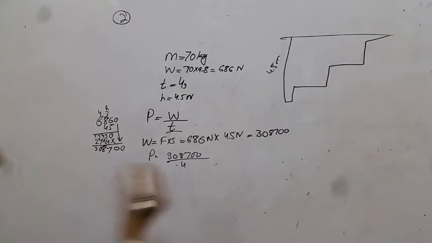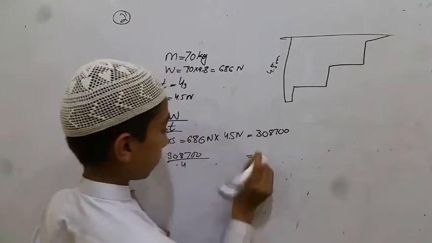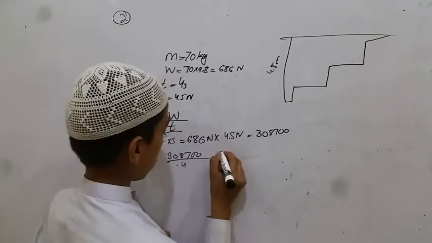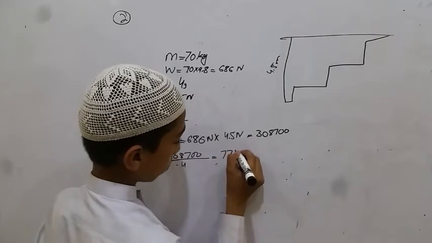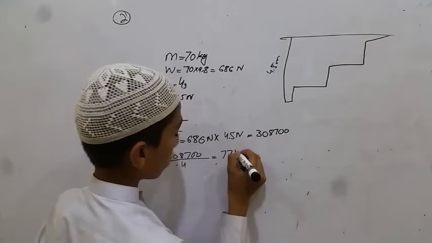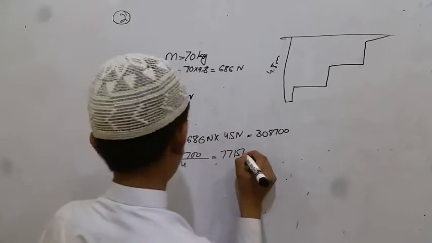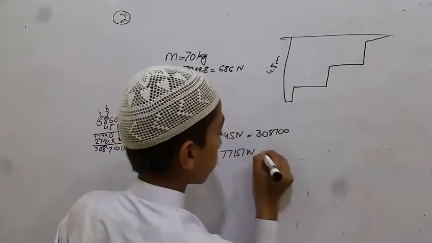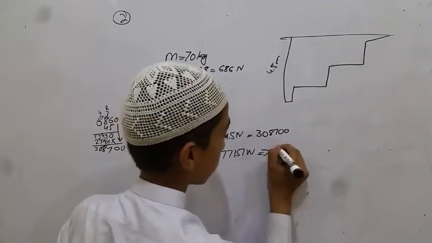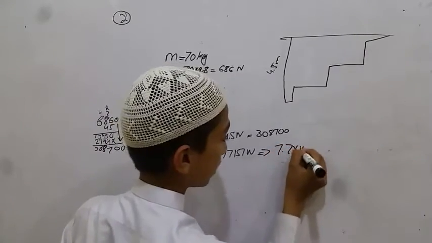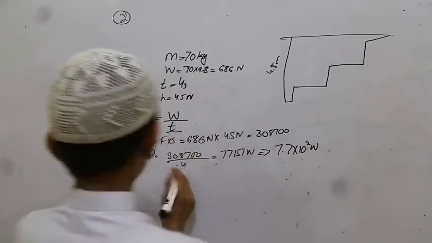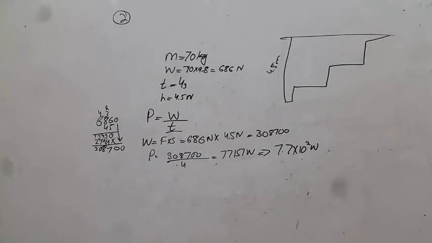So it is equal to 771.75 watt. So in scientific notation, 7.7 into 10 raised to power 2 watt. This is the power of the man.